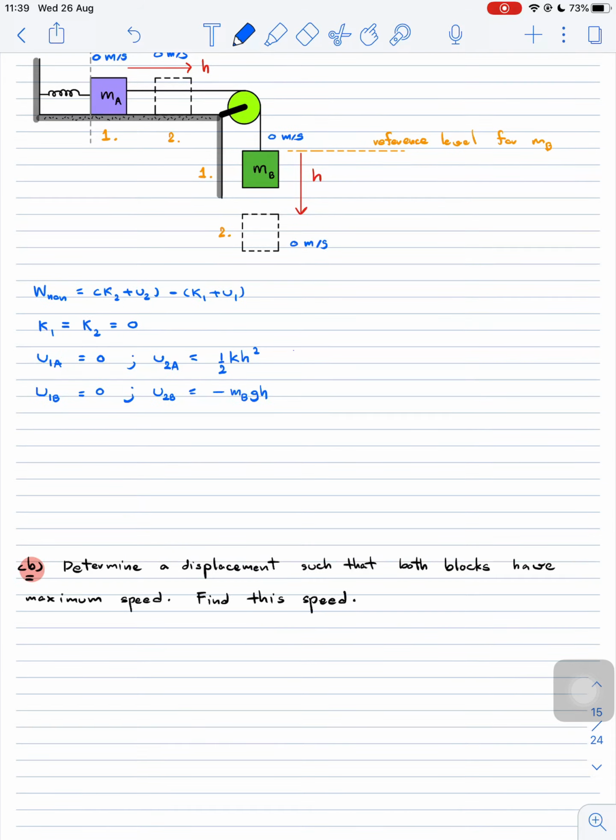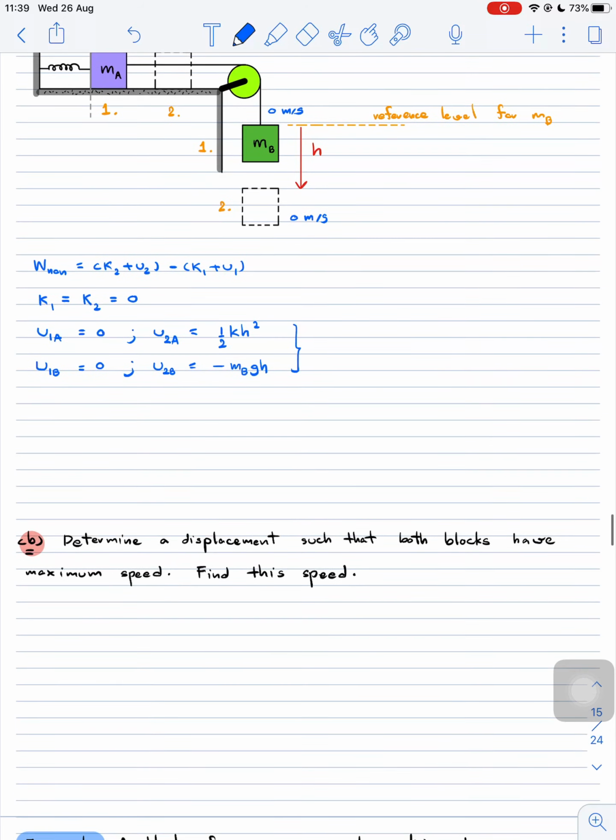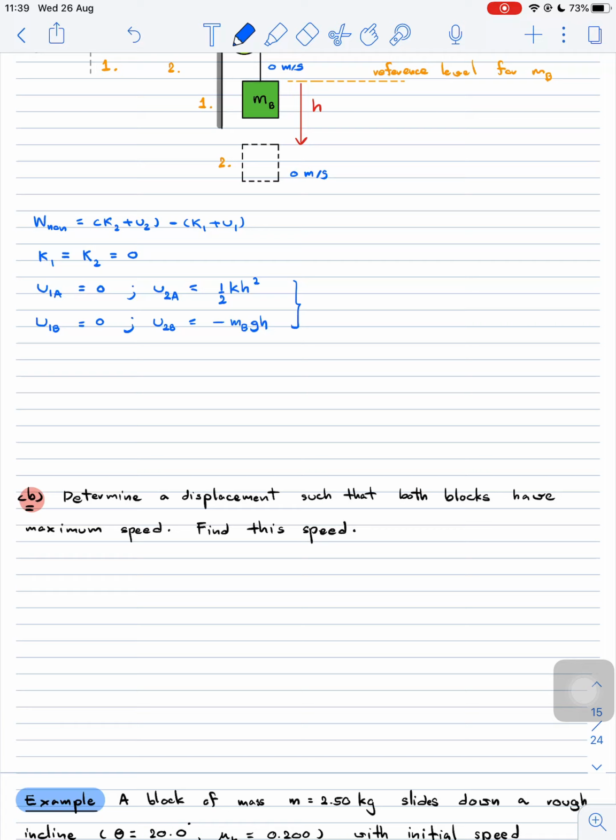So if we combine the initial potential energies together, we get that U1 equals U1A plus U1B, which must be equal to 0 as well.